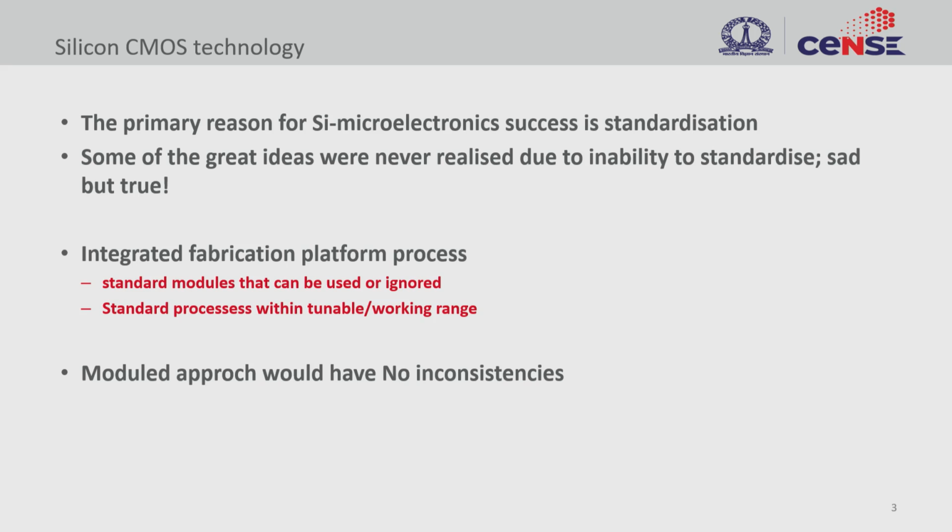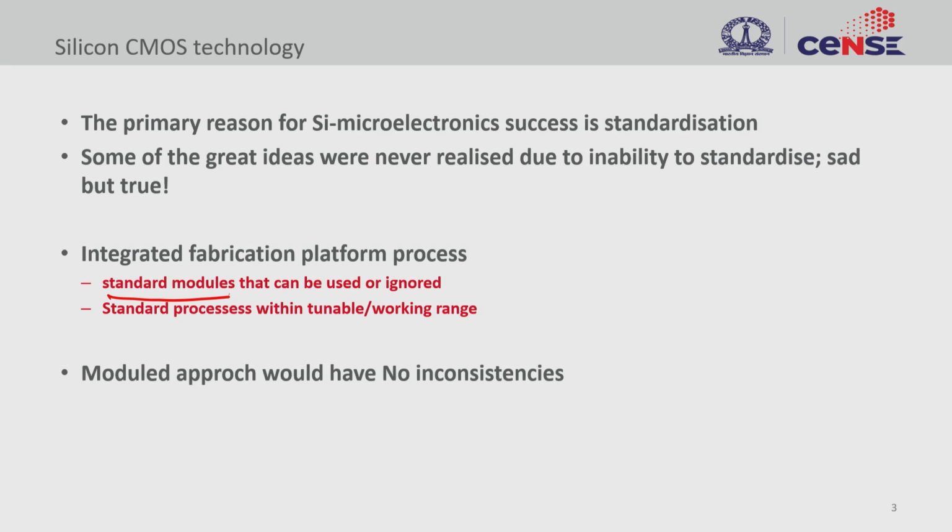In a standard integrated fabrication platform, we use a standard platform, right? So standard modules that can be used. The standard processes should be within the tuning range. So the requirement that you have in order to realize some device should be within the range of what that particular process can deliver.